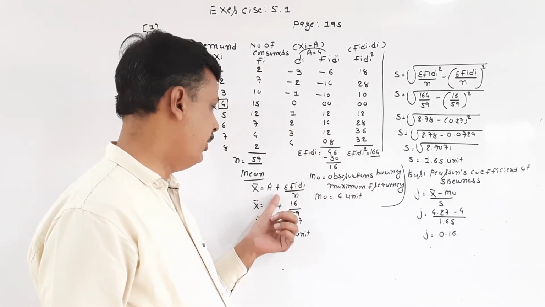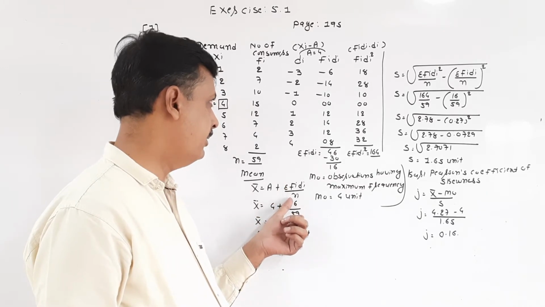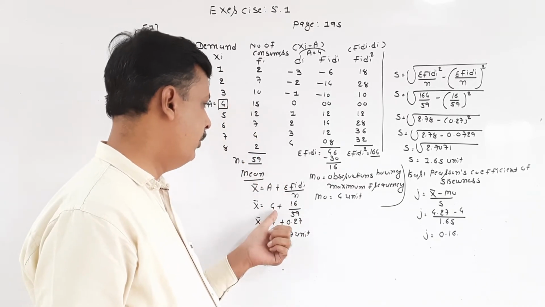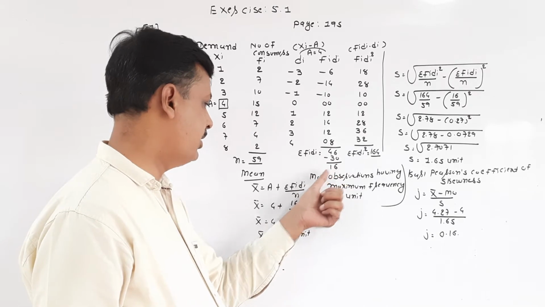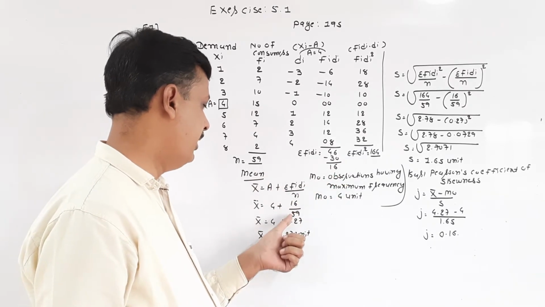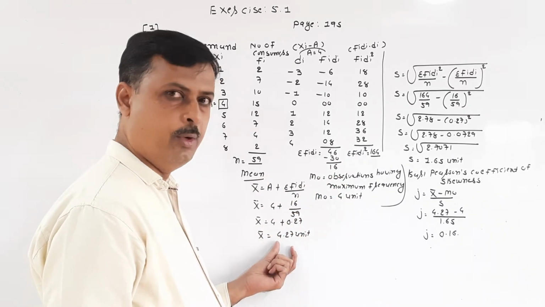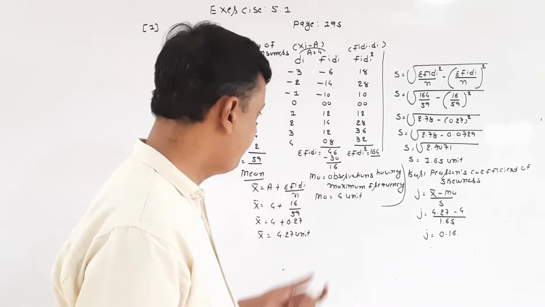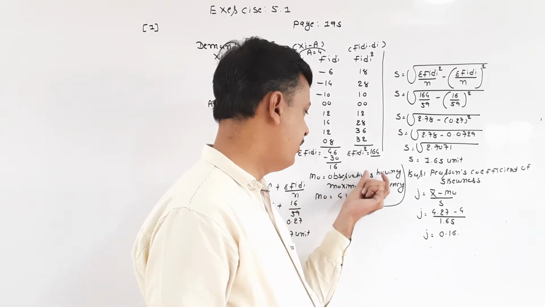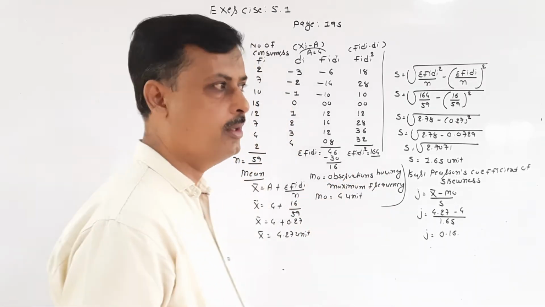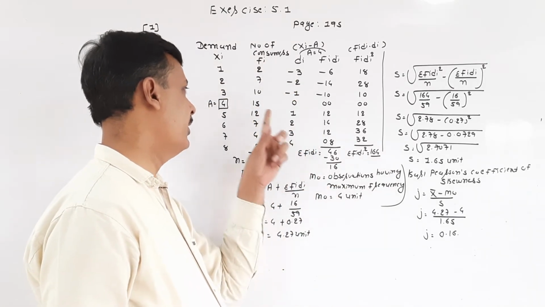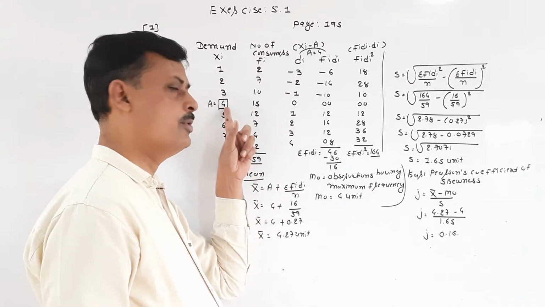X bar is equal to A plus sigma fidi upon N. A assumed to be 4, sigma fidi is 16, N is 59. So X bar is 4.27. Mode is equal to the observation having maximum frequency. Maximum frequency is 15, so mode is 4.